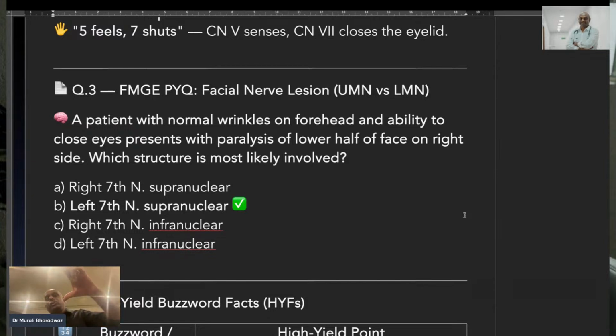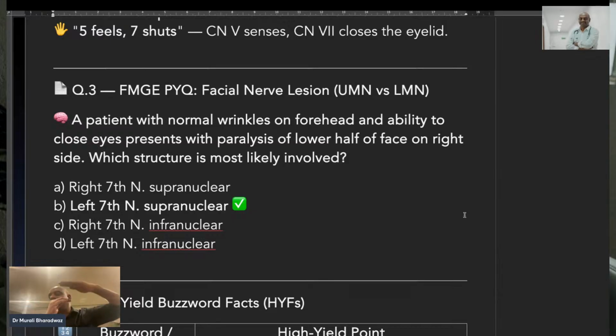See, if you look at the cranial nerve nuclei in pons, each nucleus is controlled by both sides' motor cortex. But if you look at the facial nerve nucleus, it has two halves, upper half of the face and lower half of the face.